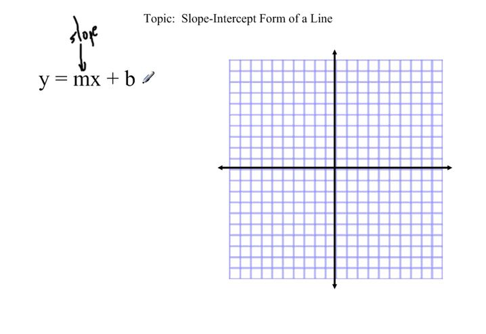Let me explain what these other letters are since we're here. Your B in this case is going to be your y-intercept. Now to figure out what that means, so here is your y-axis. The y-intercept is where the line is going to cross this particular axis. Your x and your y are your ordered pairs.